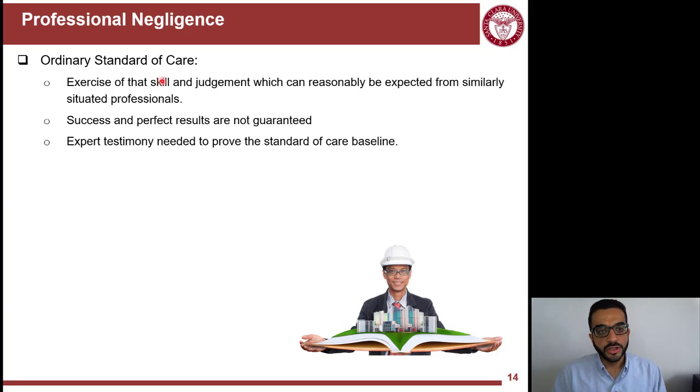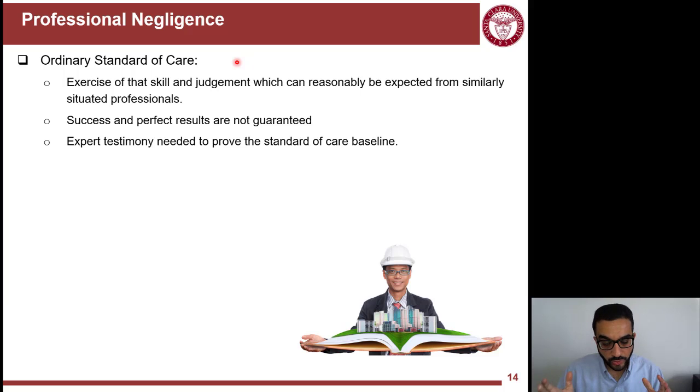So professional negligence depends on the ordinary standard of care. As an engineer, there is a standard of care that is expected from you, and it's the exercise of the skill and judgment that can be reasonably expected from someone equivalent to you in skills and competence.